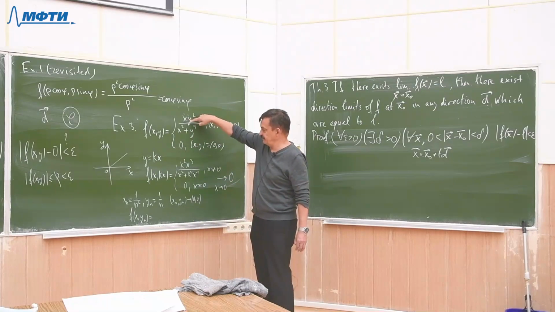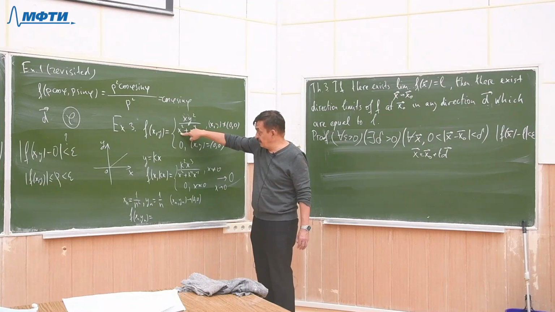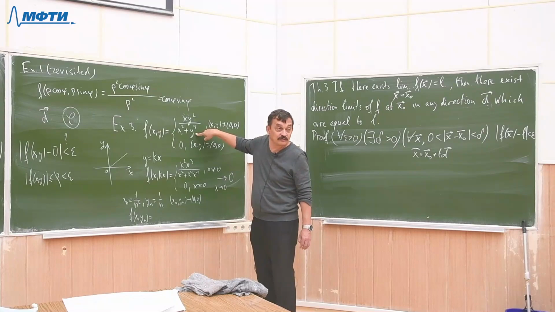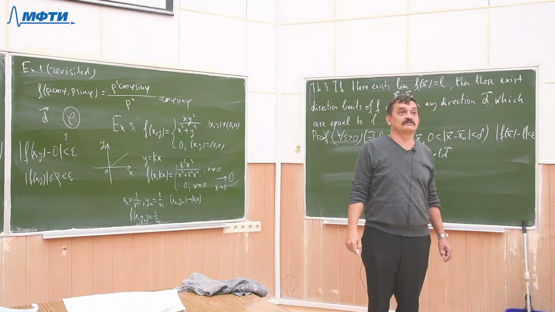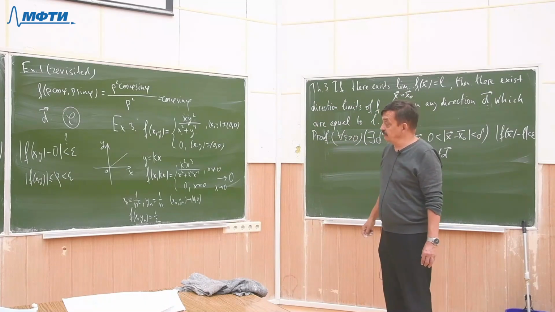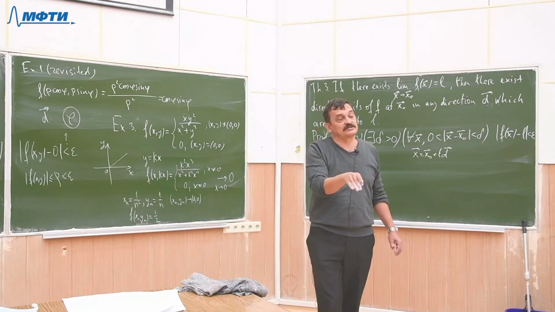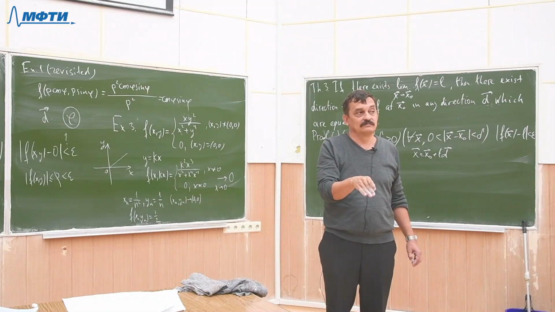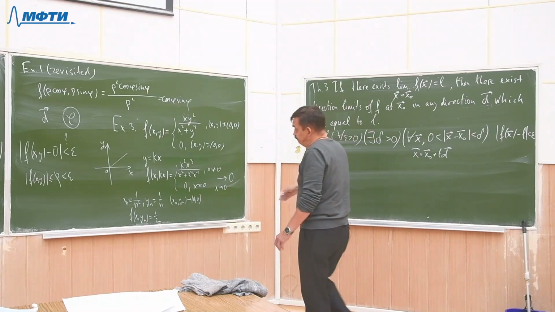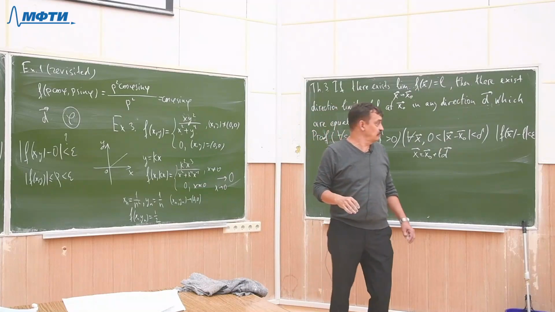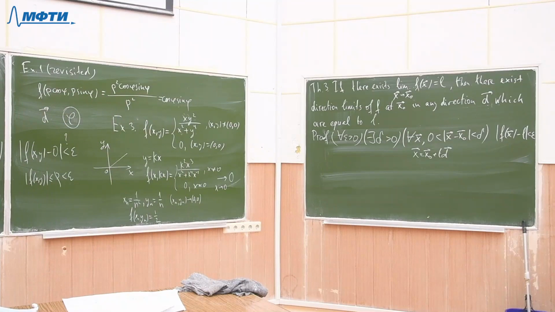Substitute: 1 over n squared times 1 over n squared gives 1 over n to the power 4 in the numerator, and in the denominator 1 over n to the power 4 plus 1 over n to the power 4, which is 2 over n to the power 4. So we get 1/2, which doesn't tend to 0, and so there is no limit. The limit in any direction is 0, but there is no limit as a function of two variables. And this is a typical example. So how do we show that your function has no limit as a function of two variables?